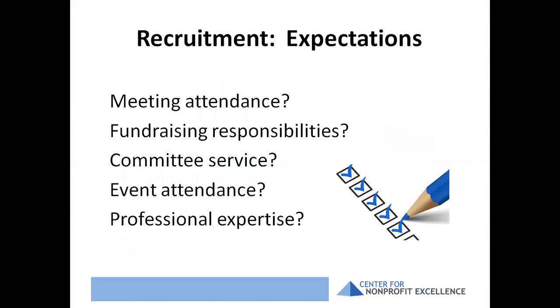So before you invite anyone to be on your board of directors, you should get clear in your head and get down in documentation somewhere what you're going to expect of these board members, right? So how many times are you going to meet each year? What fundraising responsibilities will your board members have besides giving to the organization themselves? Will they be required to serve on a committee? And if so, what does that look like?